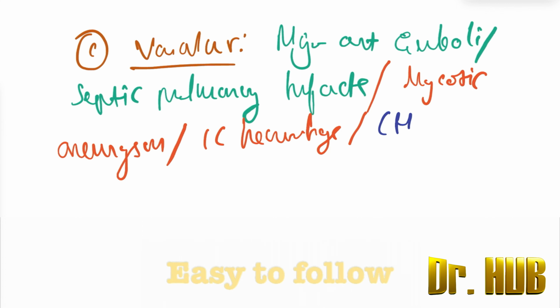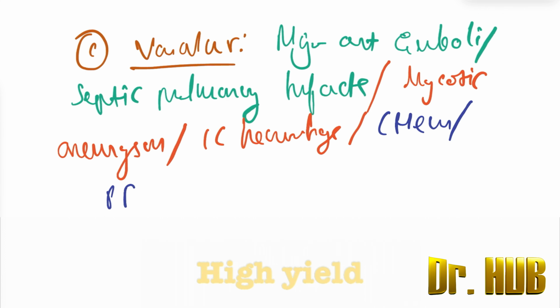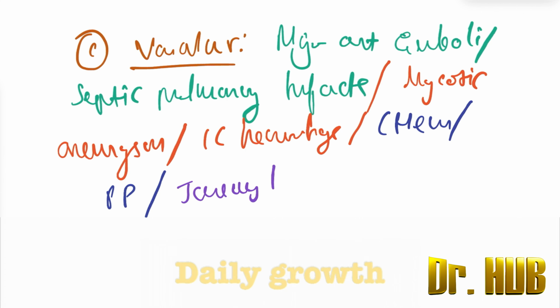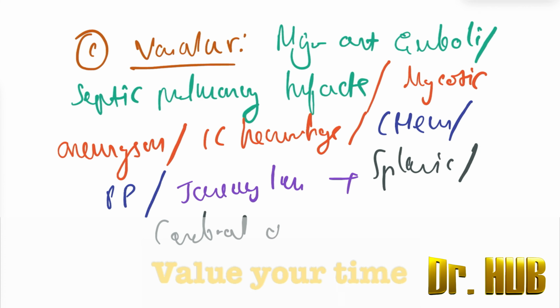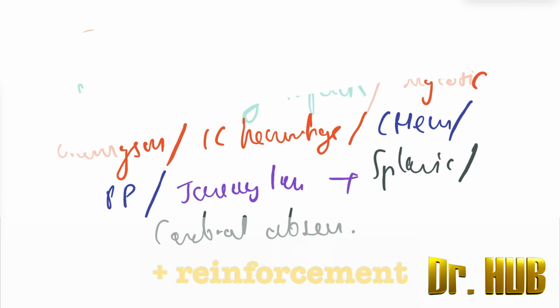Next comes conjunctival hemorrhages, and there can be purulent purpura, there can be Janeway lesions, as well as splenic and cerebral abscess. Next we'll move on to the next category. So vascular was done.